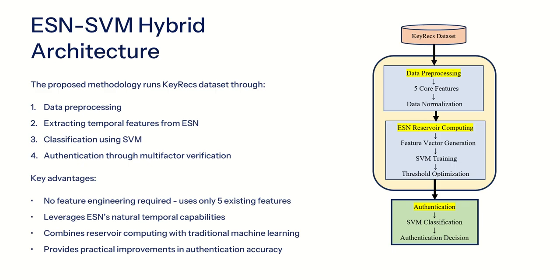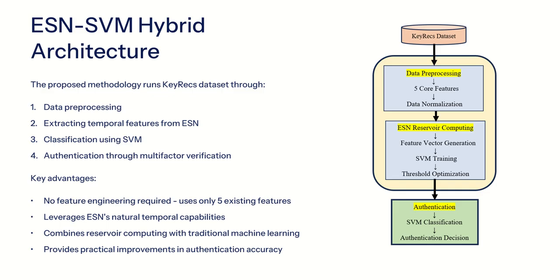So this is the echo state network and support vector machine hybrid architecture, which comprises the following things: data pre-processing, extracting temporal features from the echo state network, classifying using a support vector machine, and authenticating users through multi-factor verification.